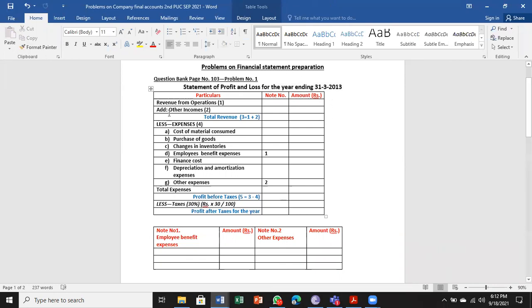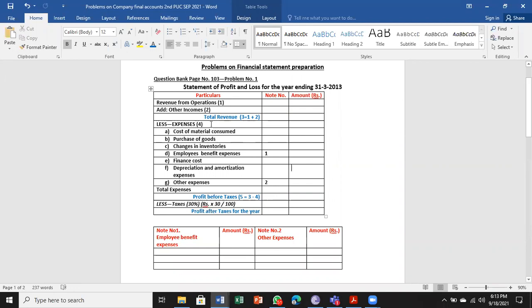This is the pro forma as we have discussed earlier in the theory. Revenue from operations, add other incomes, that will give you total revenue. That's why I have given 3 is equal to 1 plus 2. This is 1, this is 2.